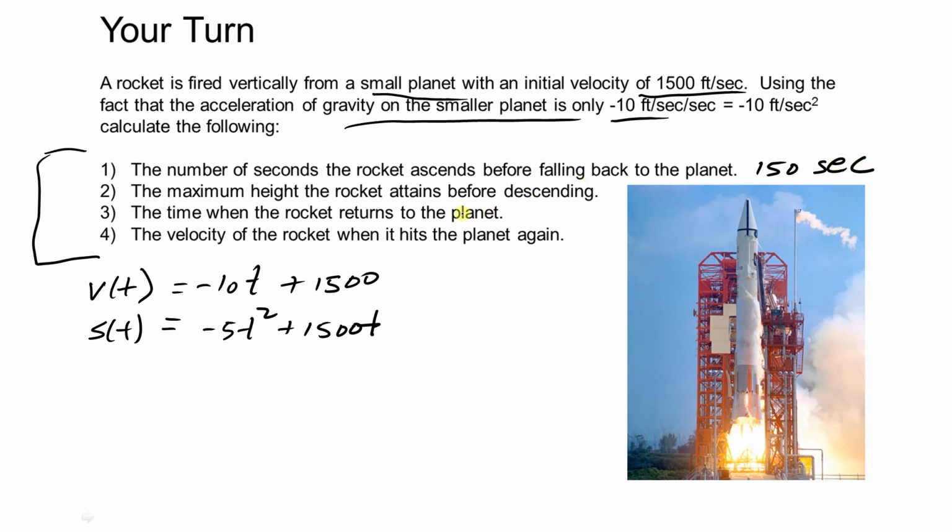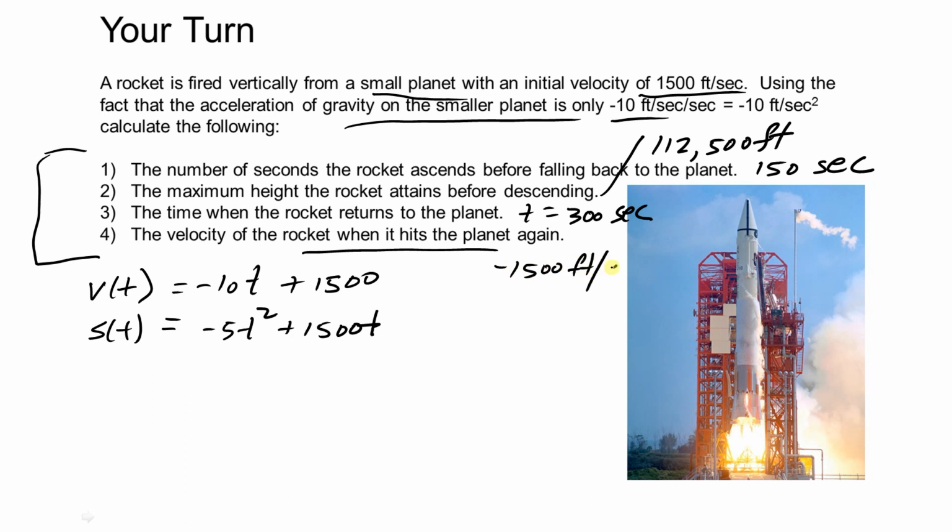The maximum height the rocket attains before descending will be 112,500 feet. The time when the rocket returns is at t equal to 300 seconds. And the velocity of the rocket when it hits the planet again will be minus 1,500 feet per second. So I would suggest that you work it out and make sure that you can get these numbers.